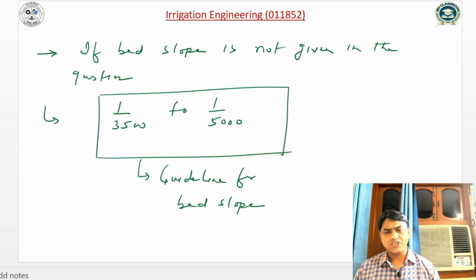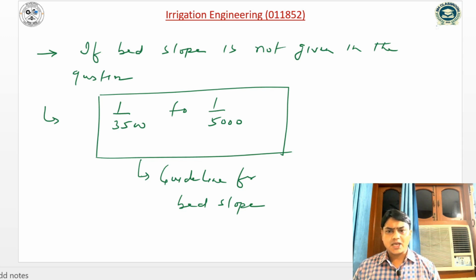This Chezy's coefficient can be computed by Kutter's equation, that is C is equal to 23 plus 0.00155 by S plus 1 by N, divided by 1 plus 23 plus 0.00155 by S into N by square root of R, where R is the hydraulic radius, S is the bed slope, and N is the rugosity coefficient.